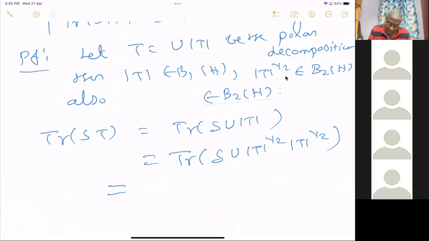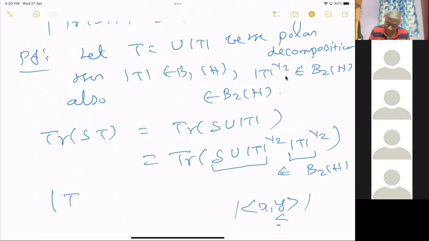So S U T. So this is Hilbert-Schmidt. This is one operator, this is one operator. These two are in Hilbert-Schmidt, whatever I have written in bracket. So you can use the Cauchy-Schwarz inequality. I write it like this: the Hilbert-Schmidt inner product is less than or equal to, Cauchy-Schwarz is mod of inner product less than or equal to norm x times norm y.